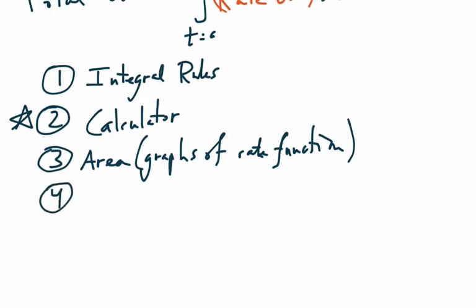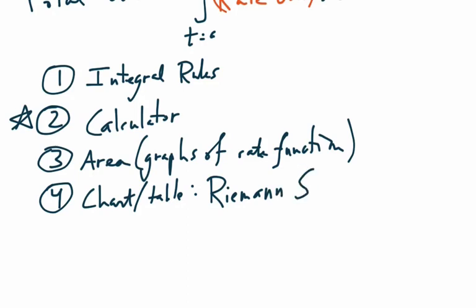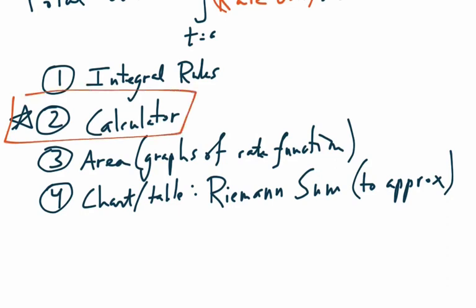And fourth, and less exact, if the area was given in a chart or table format, then more often than not you would be using a Riemann sum to approximate the value of the area. But almost always it will be fairly obvious which thing to use. If you have a calculator, which most of these problems are, then you would use your calculator. If not, then you'd either have an integrable formula, or a graph with area, or a chart.